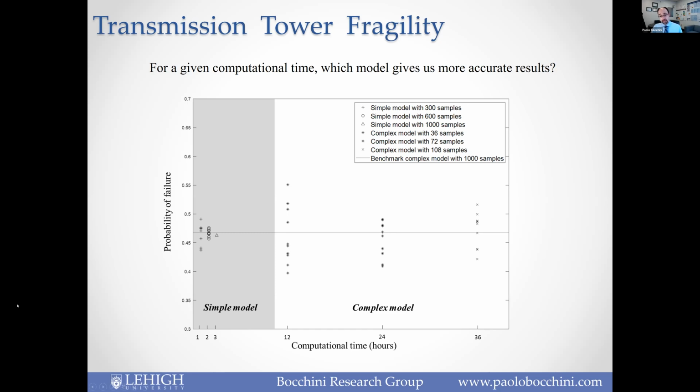And here you see that the simple model not only is faster, but for a fixed amount of computational time, which affects the number of samples that you can run, allows us to capture the probability of failure with much higher accuracy overall. So compromising a little bit on the mechanics gives us a much higher accuracy in terms of probability.